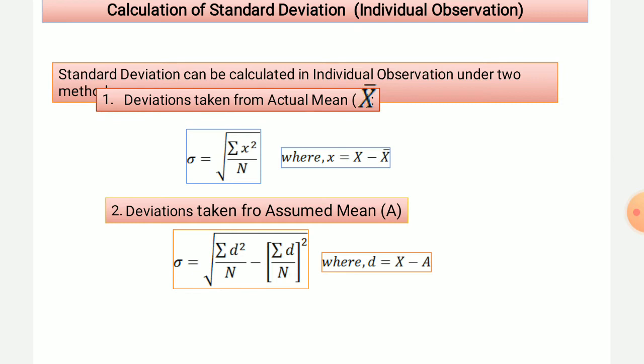When it is used to take deviations, the formula is sigma is equal to root of sigma d square by n minus sigma d by n whole square, where d is equal to x minus A. These are the formulae we use to calculate standard deviation, and it can be calculated by using either the actual mean or the assumed mean.